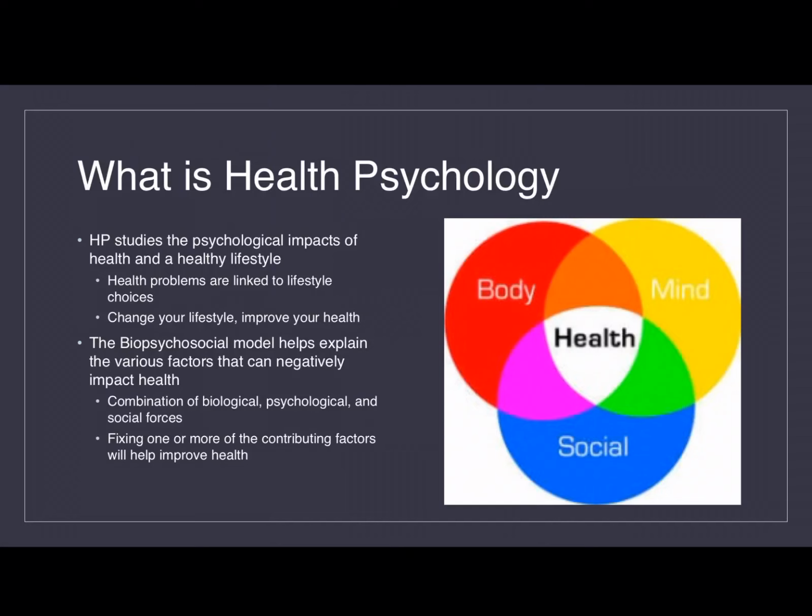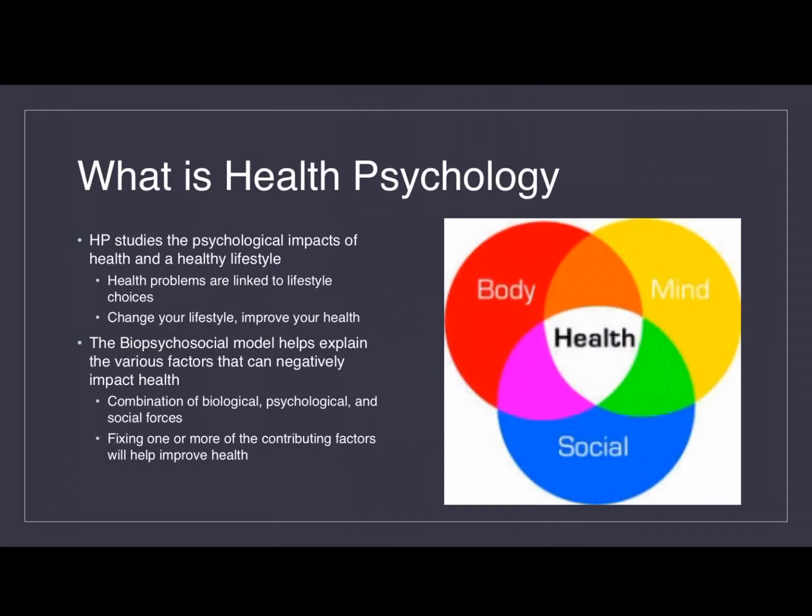All of those physical health problems are related to your lifestyle and how you think about and process the world around you. So a lot of health psychologists will use the biopsychosocial model to help them explain those lifestyle choices and how it might be playing a role in an individual's susceptibility to health problems. Right? This is really similar to the biopsychosocial model that we use within mental health issues.